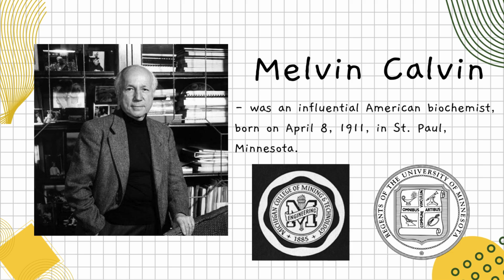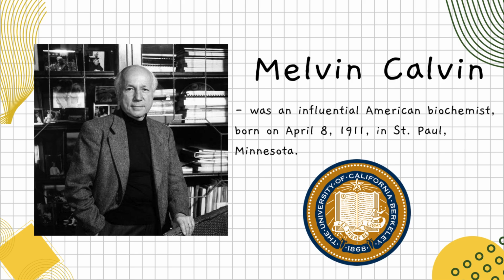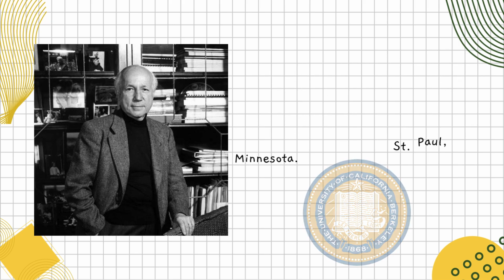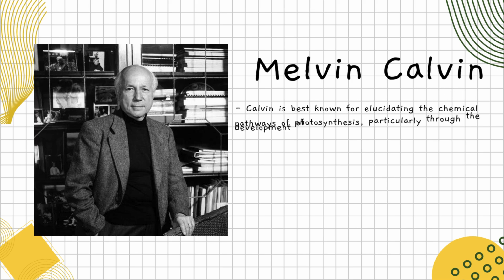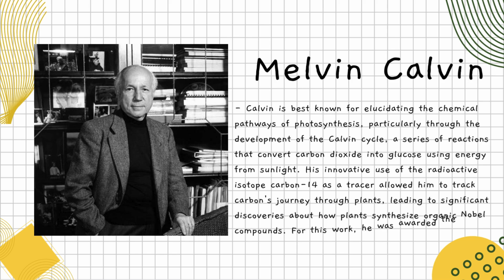Calvin spent most of his career at the University of California, Berkeley, where he conducted groundbreaking research on photosynthesis. Calvin is best known for elucidating the chemical pathways of photosynthesis, particularly through the development of the Calvin cycle, a series of reactions that convert carbon dioxide into glucose using energy from sunlight.